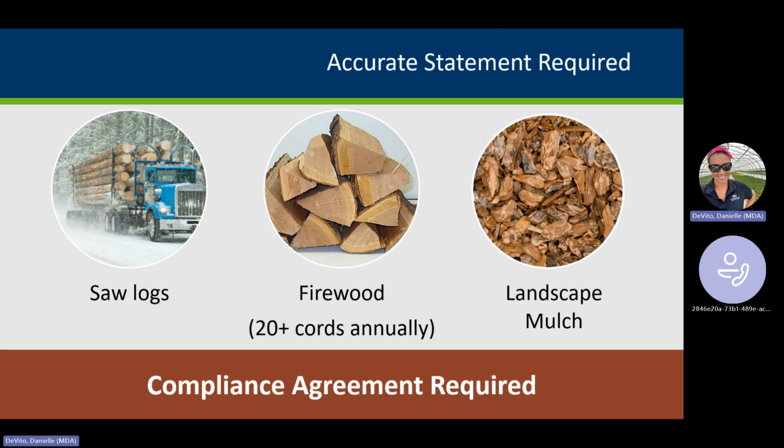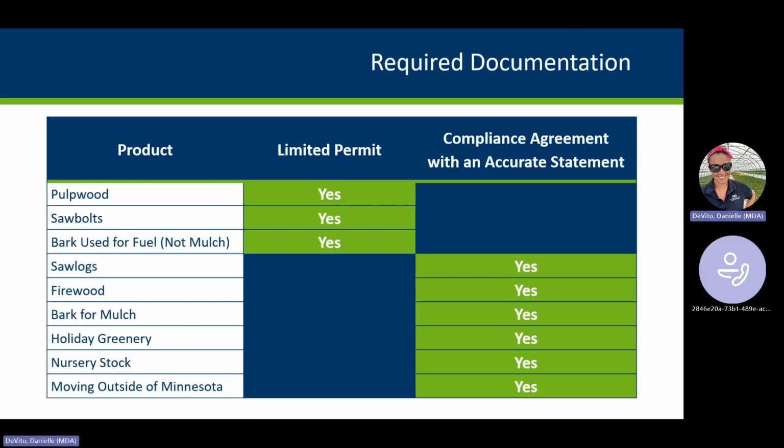A limited permit is not valid for the transport of these items. Feel free to grab your phone and take a picture of this slide. It is a great reminder of what you need and which regulated article requires which documentation. You may also wish to keep your phone out for the next two slides as there is additional contact information.